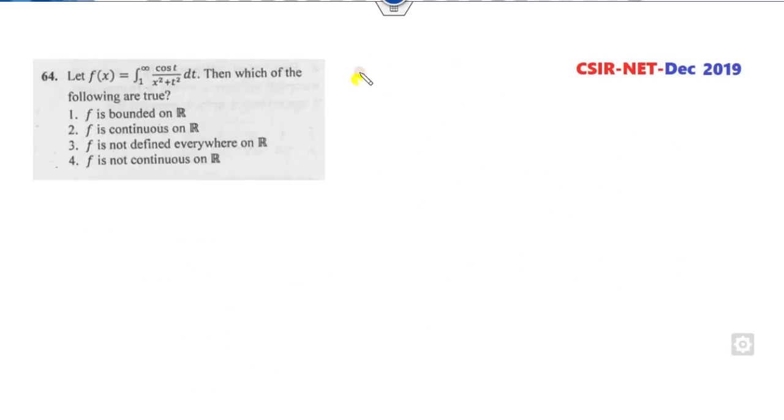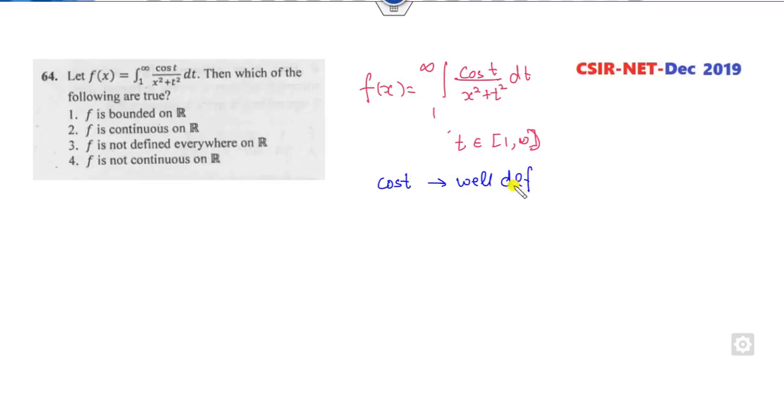Okay, which of the following is true? That is, an integration is there. That's very simple. Firstly, we will check whether it's continuous over the domain. The domain is 1 to infinity. Okay, fine. Cos of t is well defined. 1 over x square plus is continuous for all x and t.